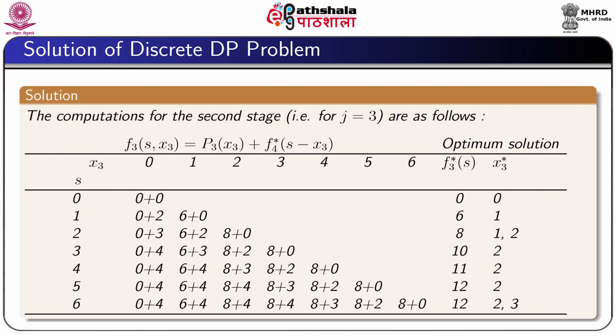For instance, in the first row availability is 0, so x 3 can take value 0 only, and when x 3 equals 0, we can find the value of f 3, which is equal to P 3 0 plus f 4 star s minus 0. Similarly, we can calculate the values for s equal to 1, 2, 3, 4, 5 and 6, and the optimal value of x 3 star is also given.